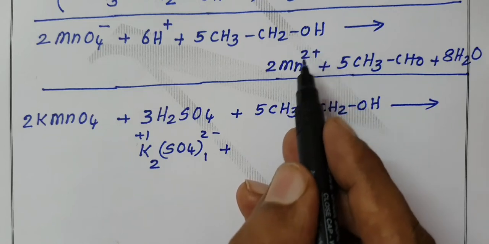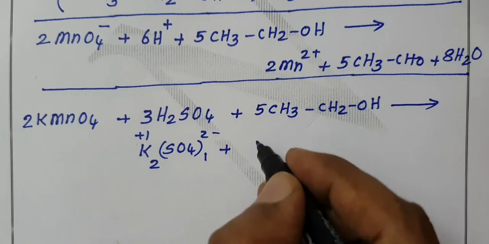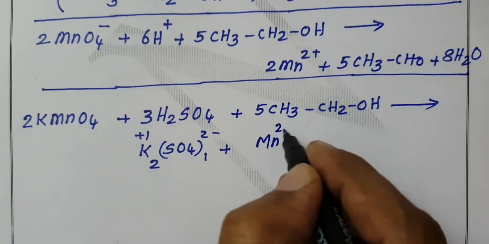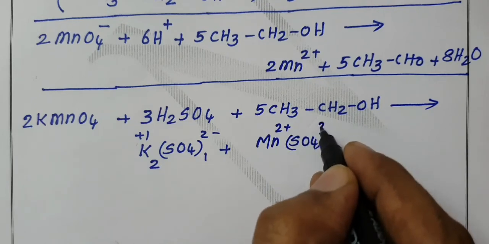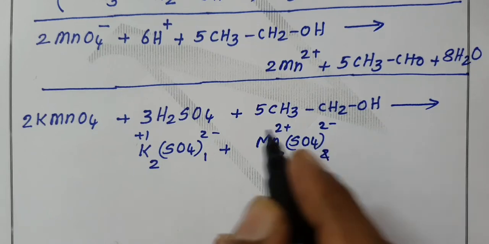Mn2+ combines with SO4 2-, so that 2 is here, this 2 is there, and the 2 gets cancelled.